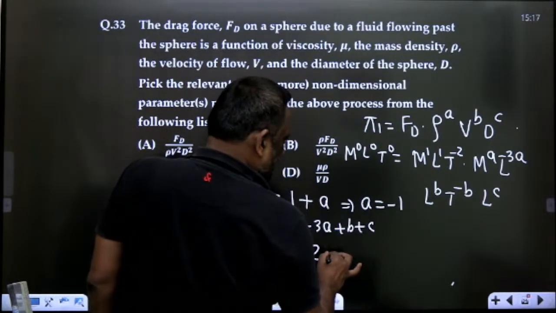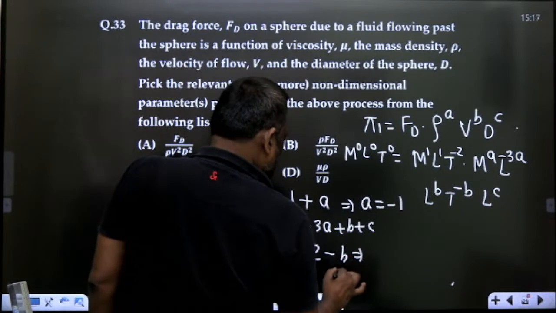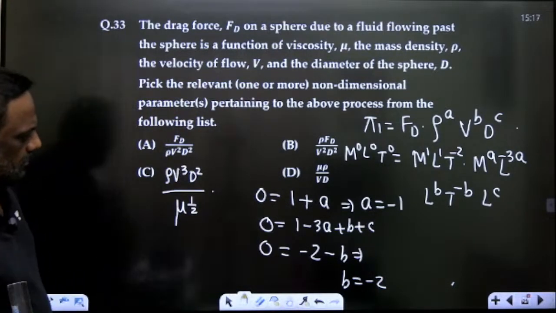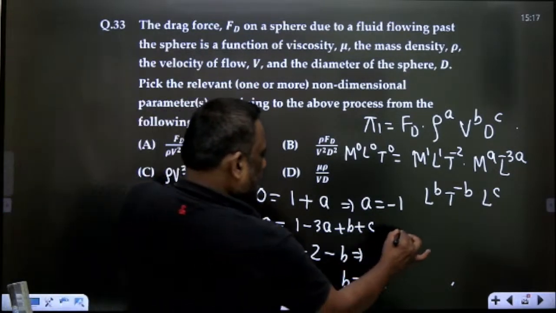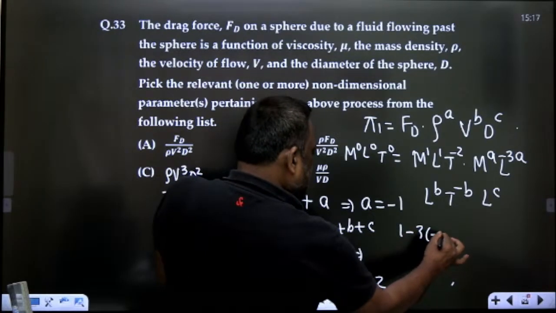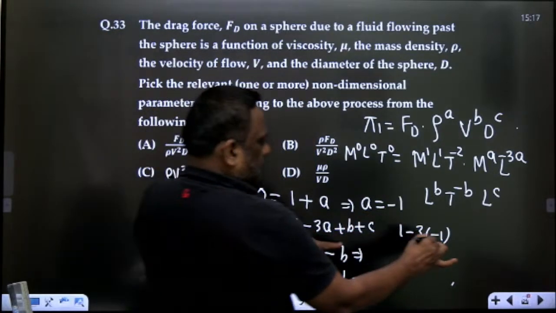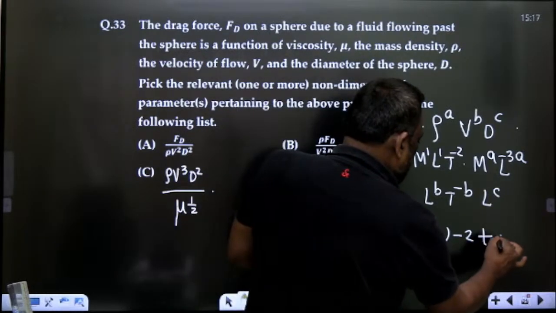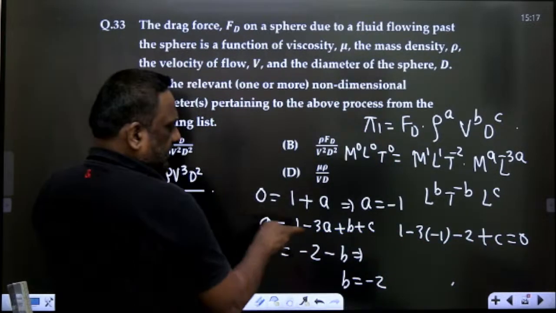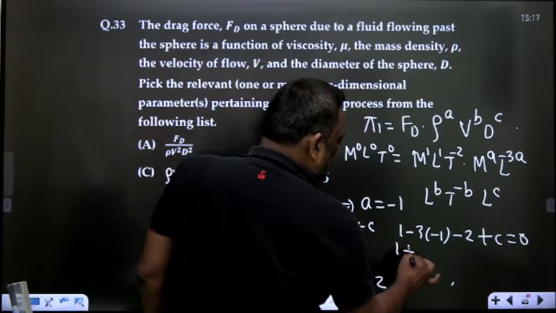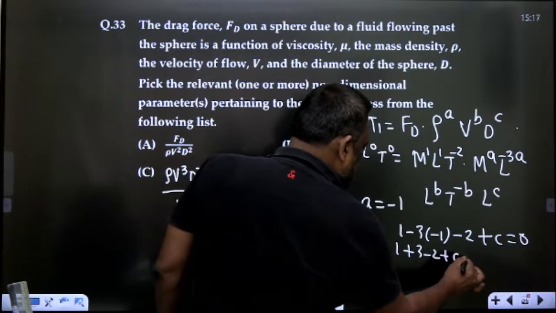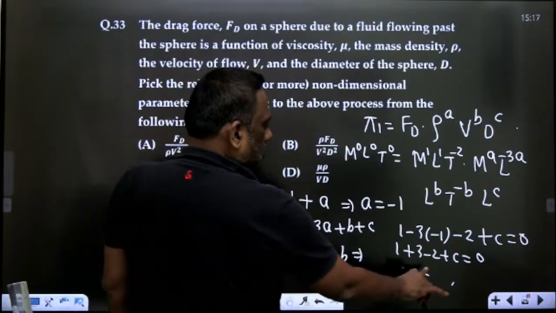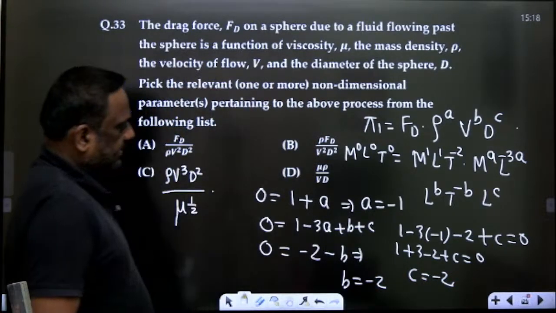And for T, 0 means -2 minus b. So what is the value of b, sir? b is -2. Put it here: 1 - 3a is -1, plus b is -2, plus c should be 0. I have substituted this. So 1 + 3 - 2 + c is 0. What is the value of c? It comes to -2. Is it correct? Yes.